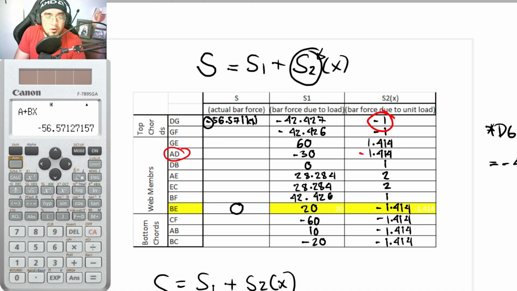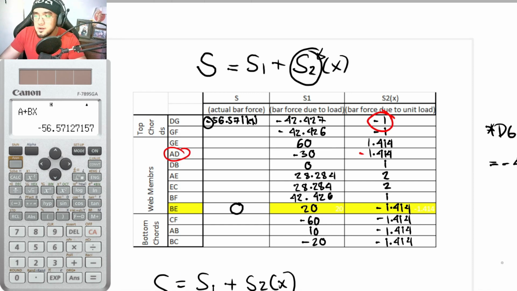A negative value represents a wrongly assumed direction, since I have assumed that for all of my trusses, positive would be tension and negative would be compression. So this answer here is compression. For all of my negative answers here, they are compression.